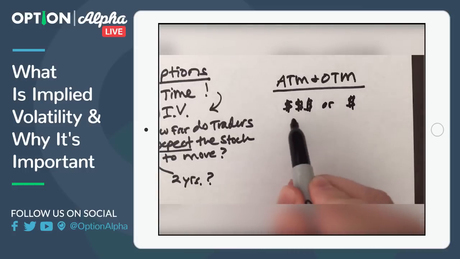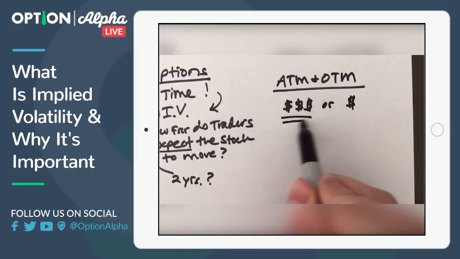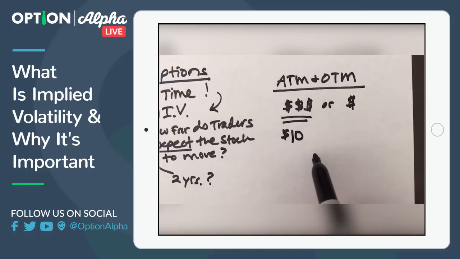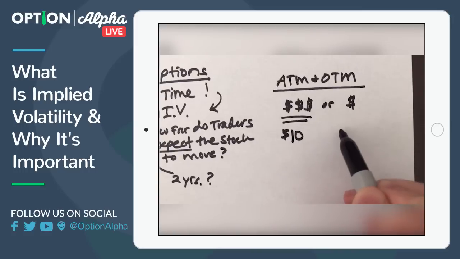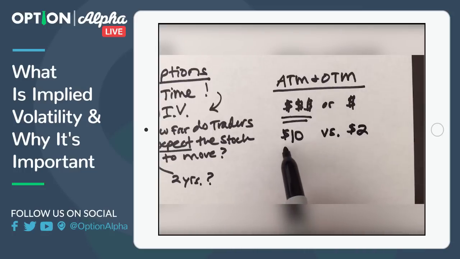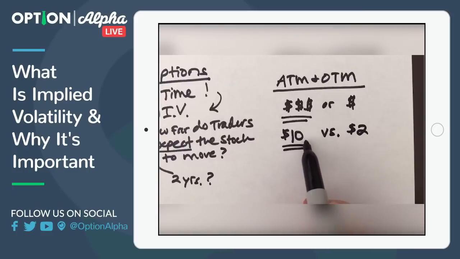If actual market participants are really buying options aggressively, meaning they're willing to pay, let's say, $10 for an at-the-money call or put versus paying $2, well, that means they expect the stock is going to make a big move in either direction, because it covers that difference.